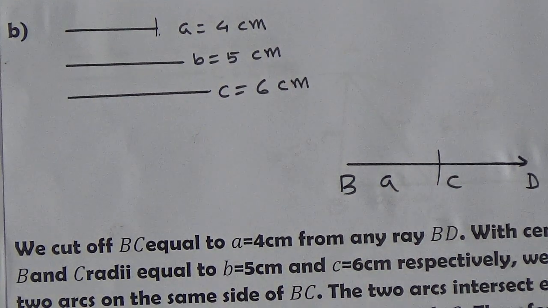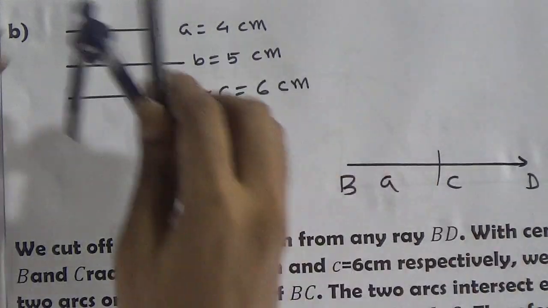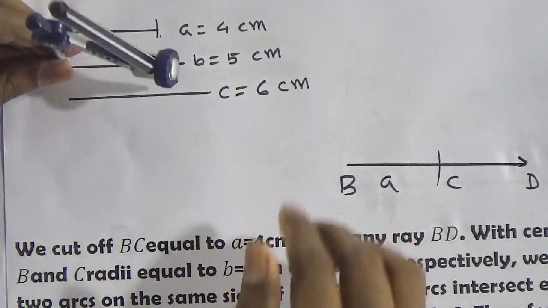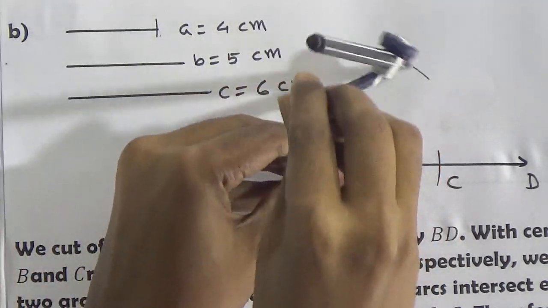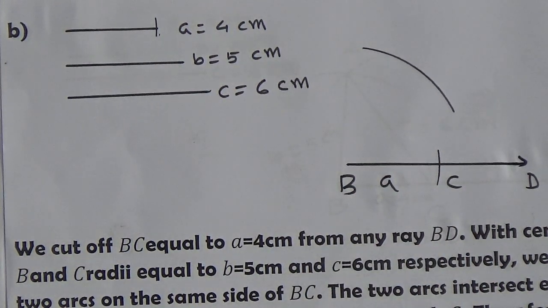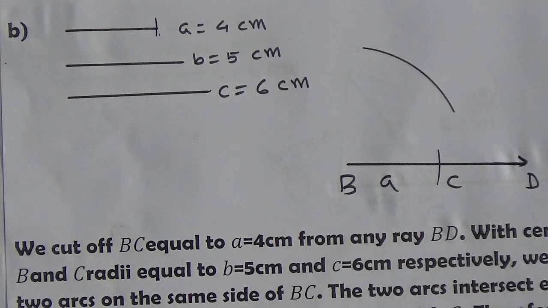Now taking B as a center, we draw an arc with radius b equal to 5 centimeter. Okay. Now taking C as a center, we draw another arc with radius c equal to 6 centimeter.